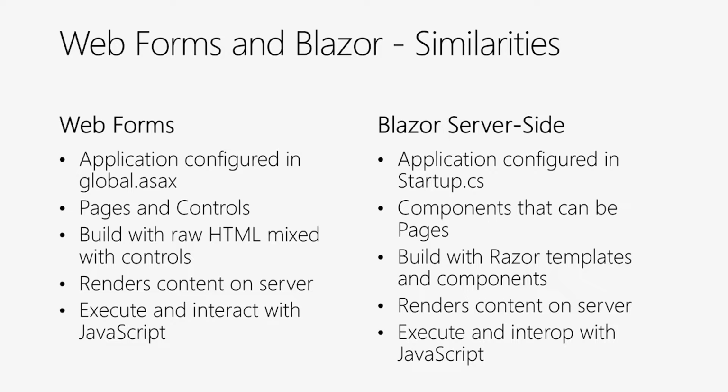So a lot of flexibility there in what we can do with a component. Instead of building with raw HTML mixed with controls, well, you build with Razor templates mixed with components. And those Razor templates we've been doing since MVC. Well, we know how to use Razor. That's pretty good for us to move on with.